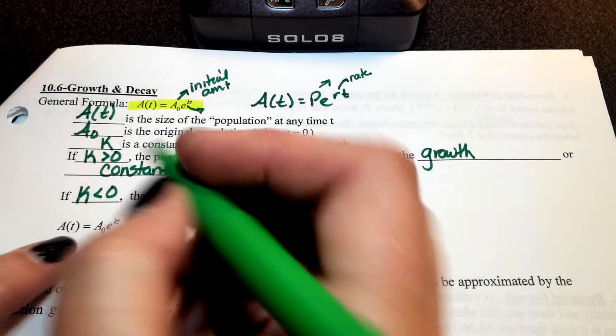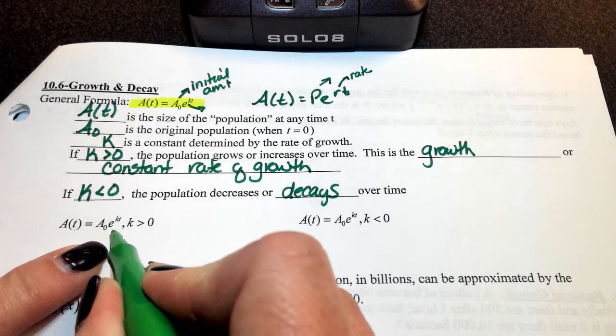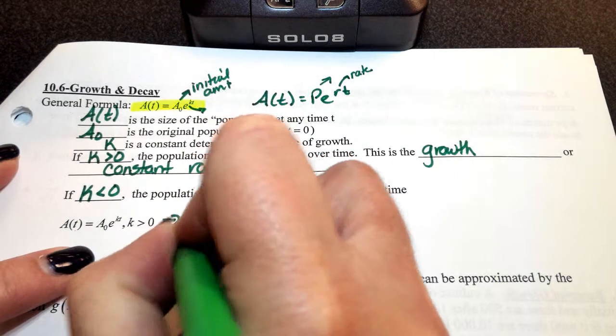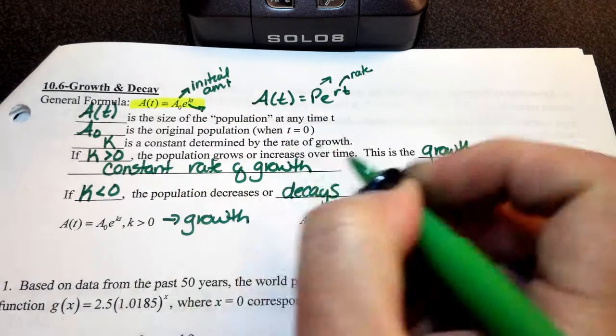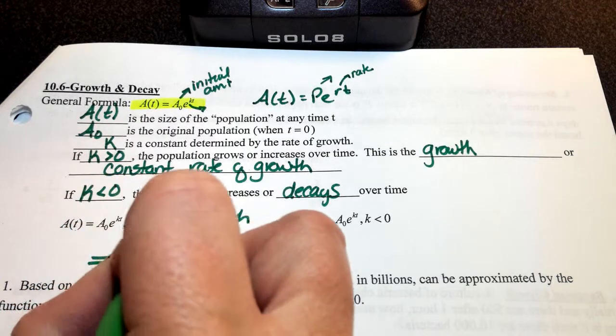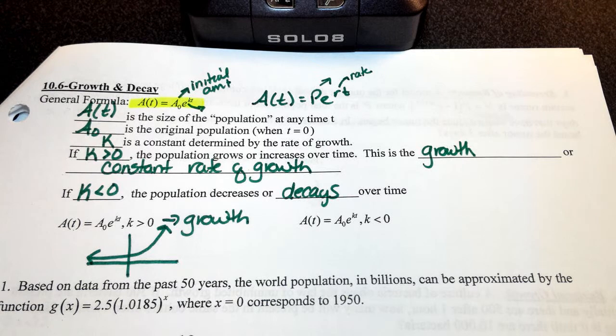So again, here's my PERT formula, but I'm expressing it as A sub 0 times e to the kt. If k is greater than 0, this, remember, is your growth. And graphically, what's happening is it looks like this. As your x values are getting larger, so are your y values.